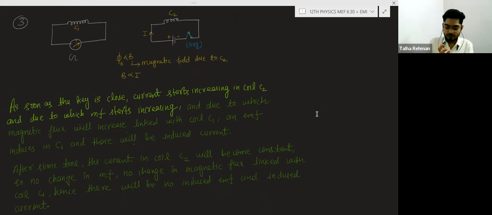So actually, from these three experiments, what do we get? We get to know that when there is a change in the magnetic flux linked with a coil, then there will be induced EMF in that coil.